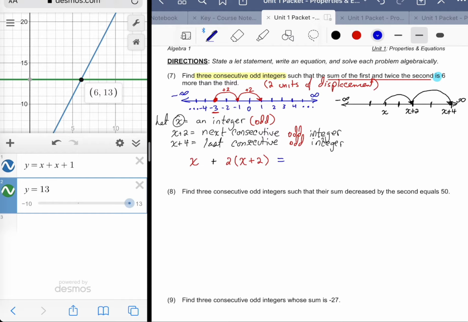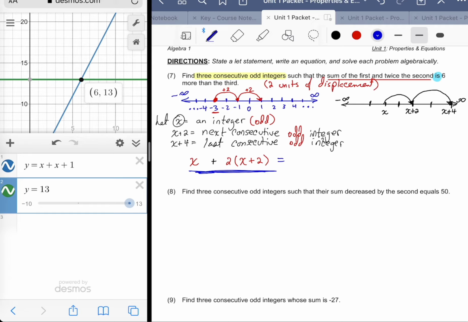6 more than the third value. So this stuff is 6 more than the third value. If I say that my age is 6 more than my brother's age, then there's a couple of things that you can do to find our ages. You could take my brother's age and add 6 to it, or you could take my age and subtract 6 from it.